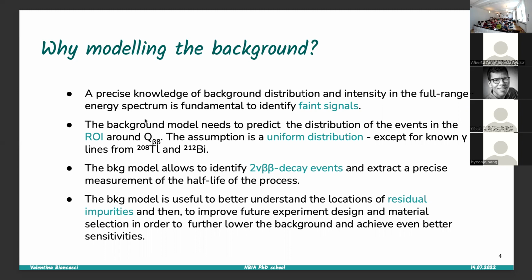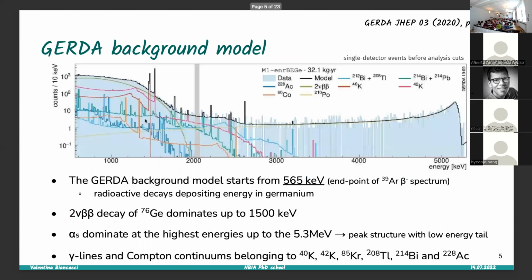Finally, it is also important for future experiments, because if we know the location of the impurities and so the sources of the background, it helps us to improve the selection of the materials for future experiments like LEGEND. Here you can see the plot of the background model for GERDA.